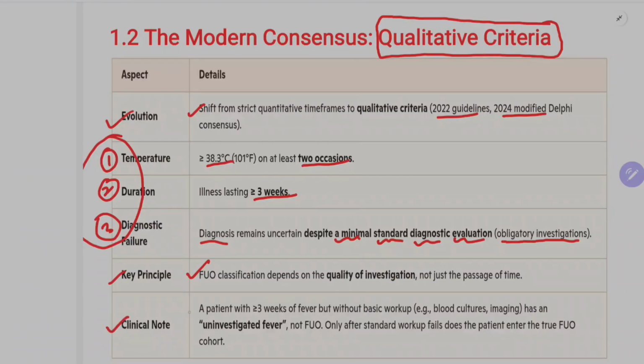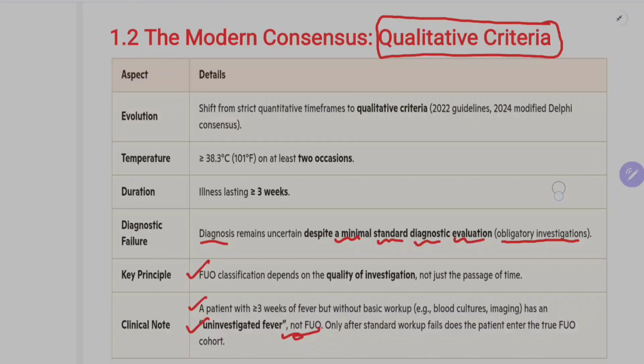One note: a patient with 3 or more weeks of fever but without a basic workup, which we will learn about in the coming slides, for example blood cultures and imaging, has an uninvestigated fever and is not called FUO. Only after the standard workup fails does the patient enter the true FUO cohort. So we should remember this. Minimum standard set of investigation.